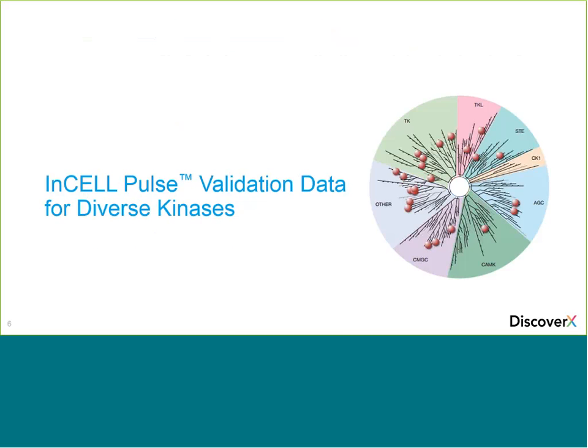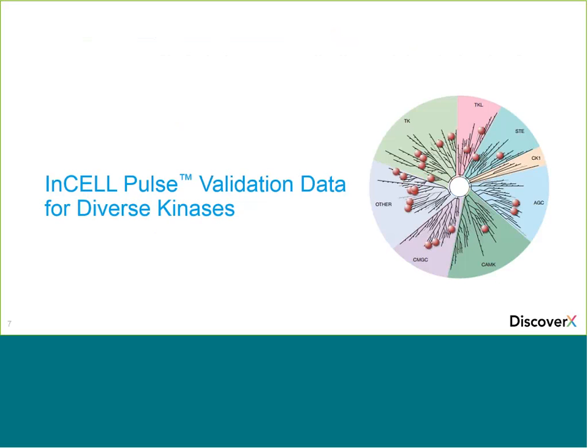So I'm going to go through some validation data for the diverse kinases that we've looked at. And on the right side of this title slide is a dendrogram of the human kinome. Of course, there's 500 plus kinases. What we did was we obviously weren't going to build assays right away for 500 of these things.